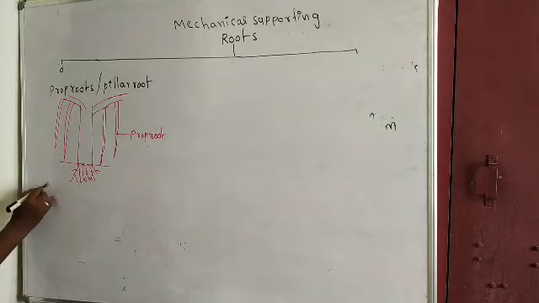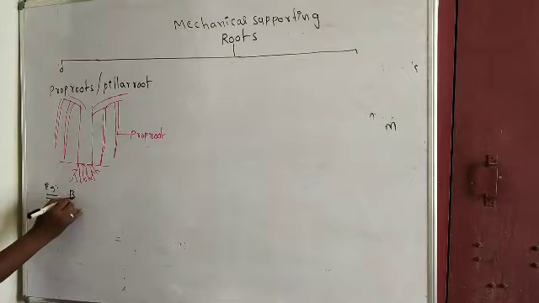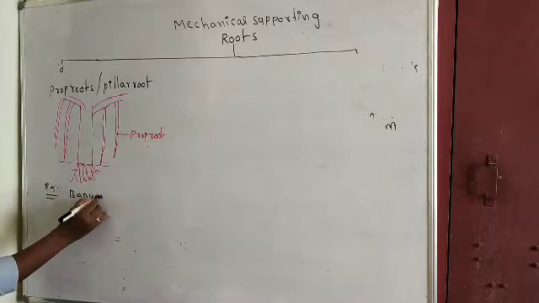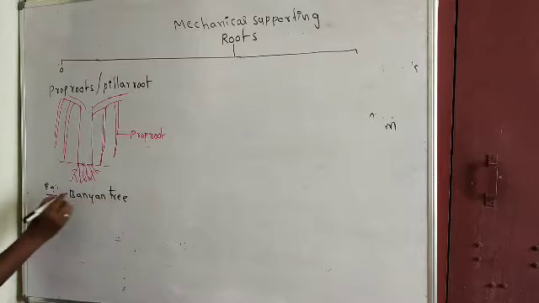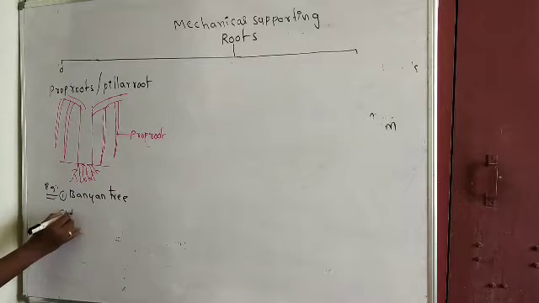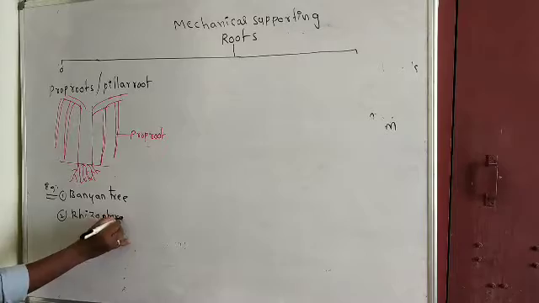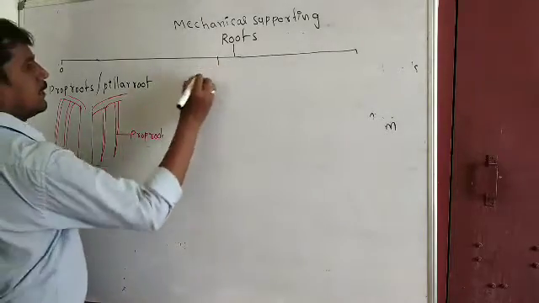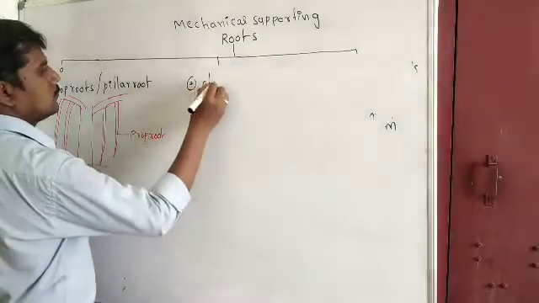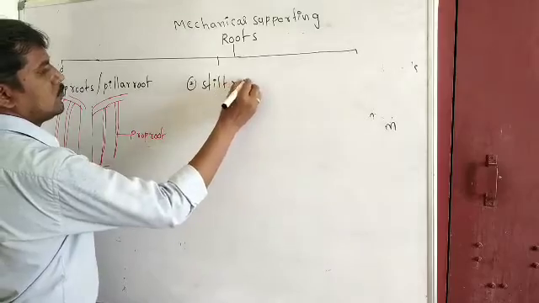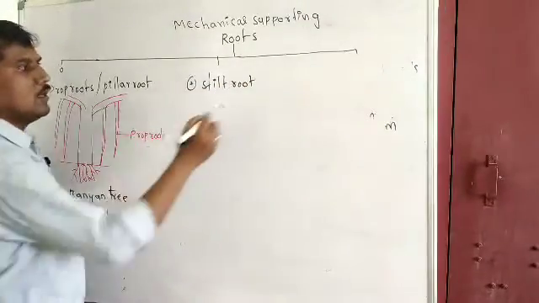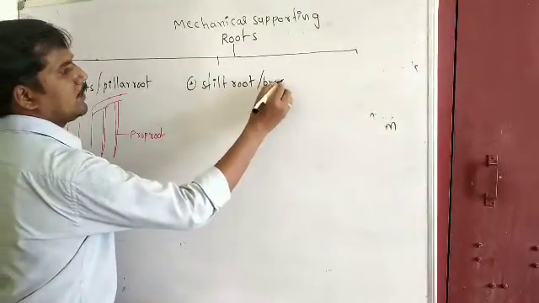Example for this one: banyan tree and Rhizophora. Important, banyan tree and Rhizophora. The second type, very important, stilt roots, also called brace roots.